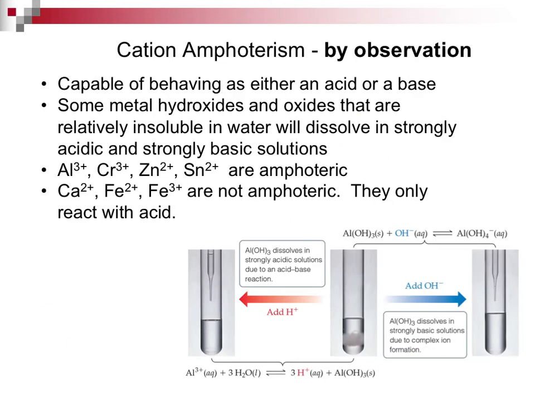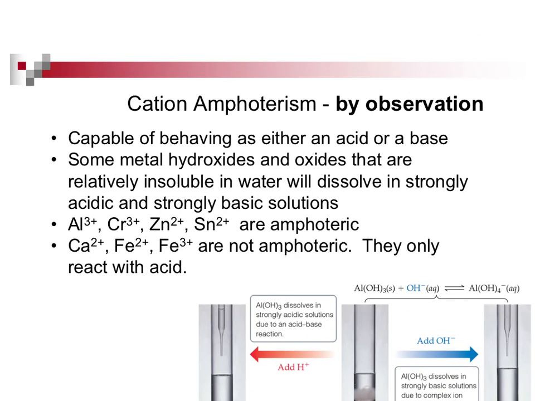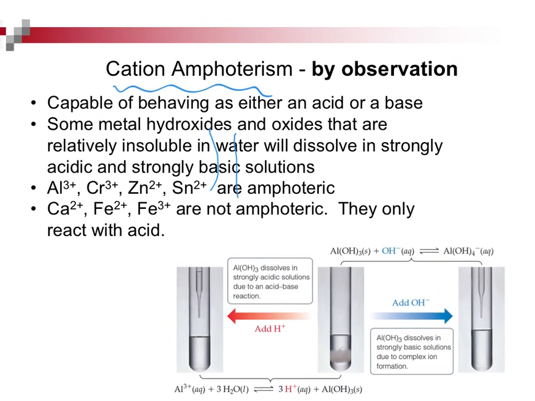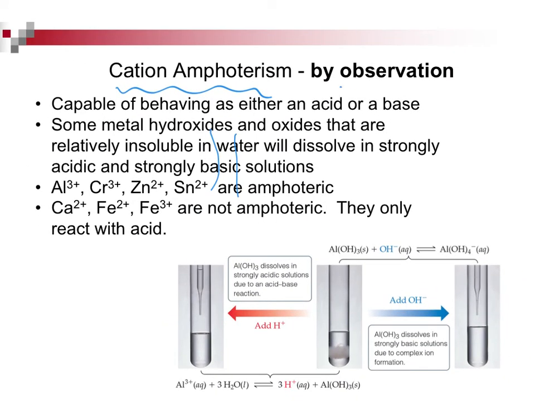What I also put in this section is what I call cation amphoterism, and that is by observation. Please don't say to me, I need to know where it comes from. It is from something people observed, all right? You've learned that amphoterism means you can act either as an acid or a base.